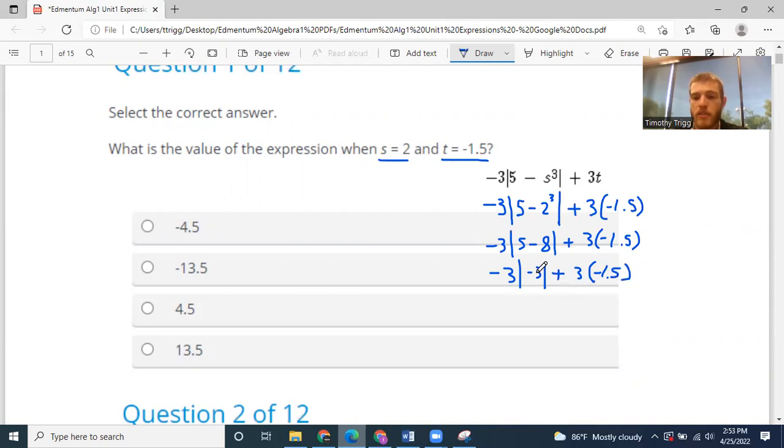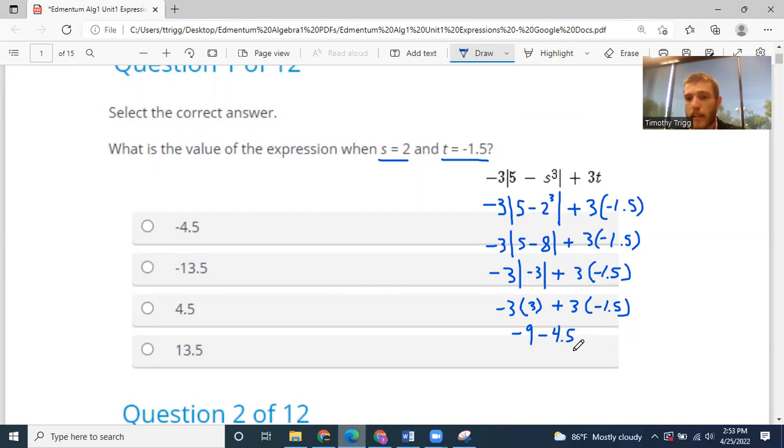Okay. What's the absolute value of -3? It's +3. So this becomes -3 times +3 plus 3 times -1.5. A negative times positive is a negative, so that's a -9. And then again, a positive times a negative is negative, so that's -4.5.